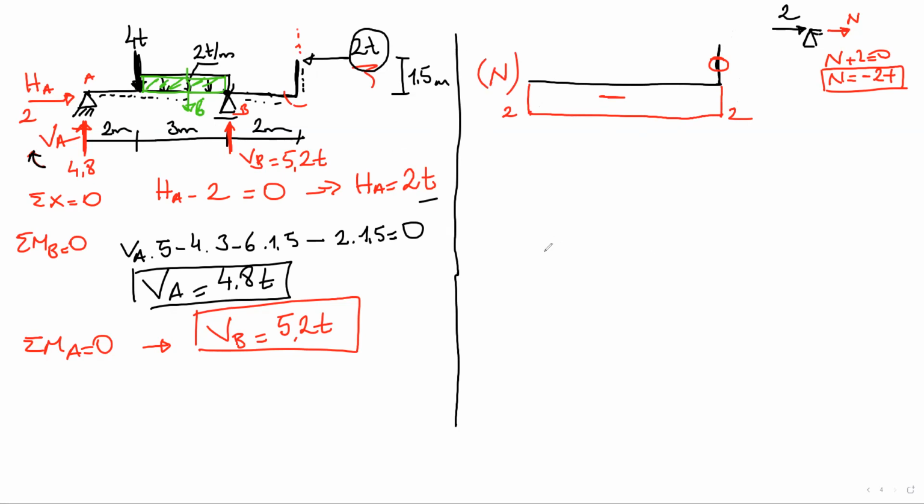Let's have a look at the shear force. Okay, we are at this point. At the beginning, we are here. So take a look at the point load, which is the support reaction.